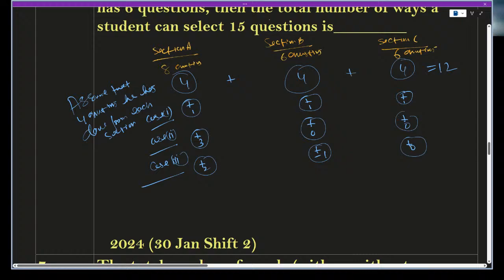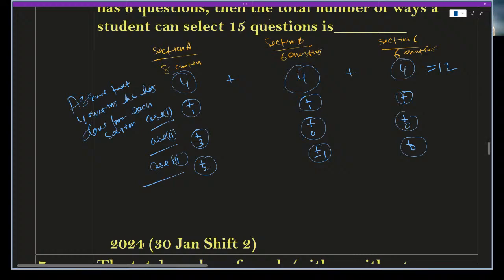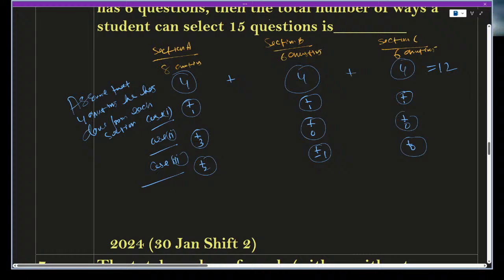Here the sections are distinguishable. So choosing a question from one section is different from choosing a question from the other section. So if I say that this is just one case, I am wrong. That 3 may be from there, 3 may be from there. But you cannot take 3 from here because it is 6 and you have chosen 4.